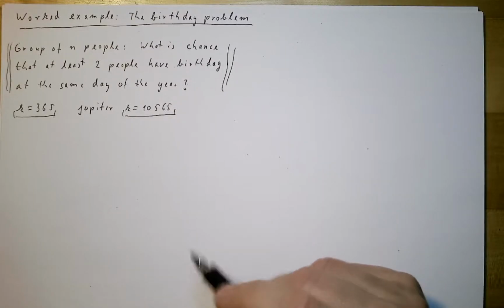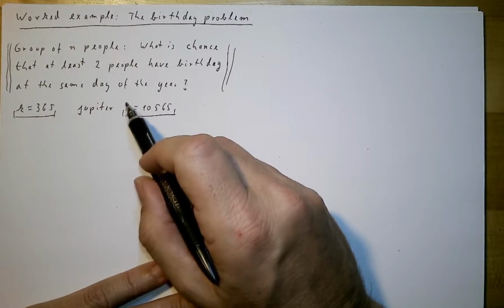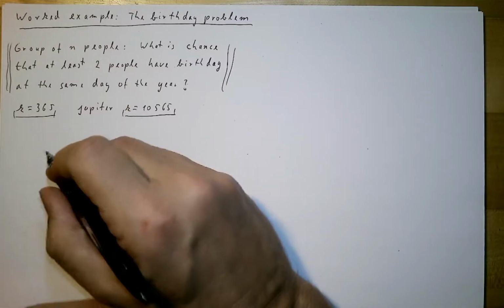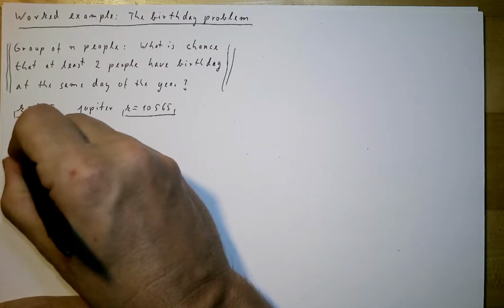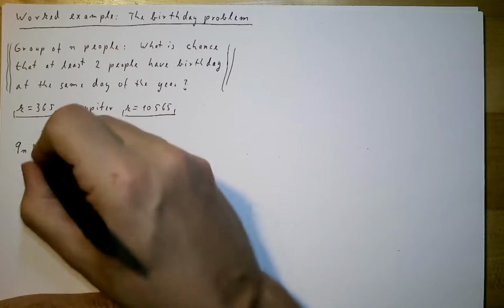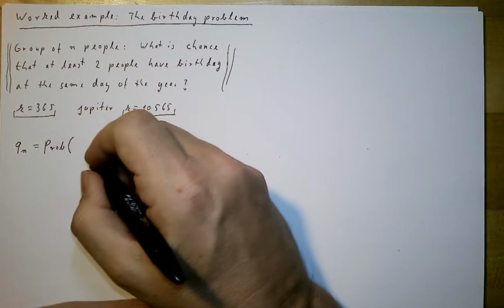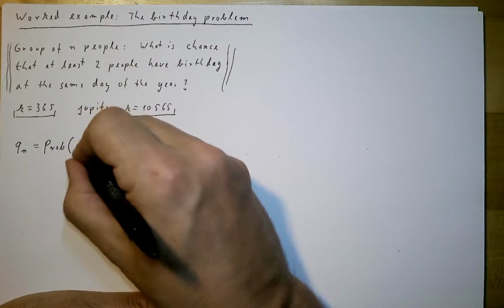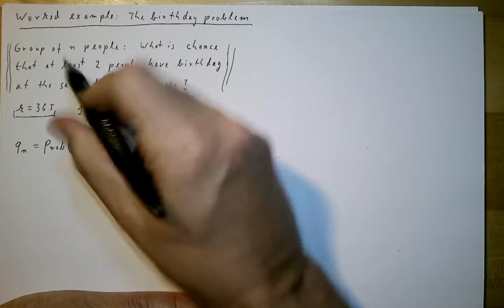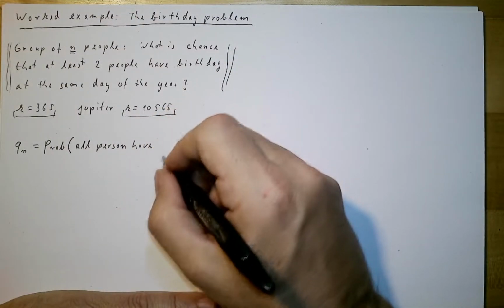First we might realize that this is the kind of problem where it's useful to use the complementary event. So we say Qn is the probability that all n people have birthday on a different day.